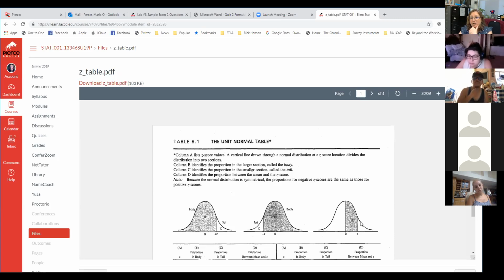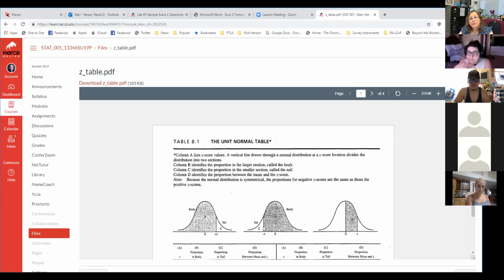Area under this curve is equal to 1. It's 100%. And what's cool about z-scores is that when we transform a distribution into a z distribution, we can figure out what the probabilities are. That's the reason why we use z distributions: so that we know how many standard deviations a particular score is from the mean, and then we can figure out the probability under here.